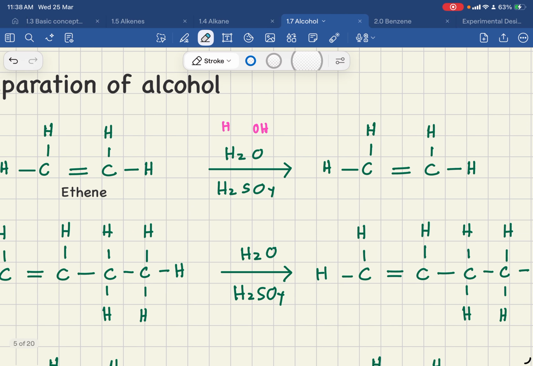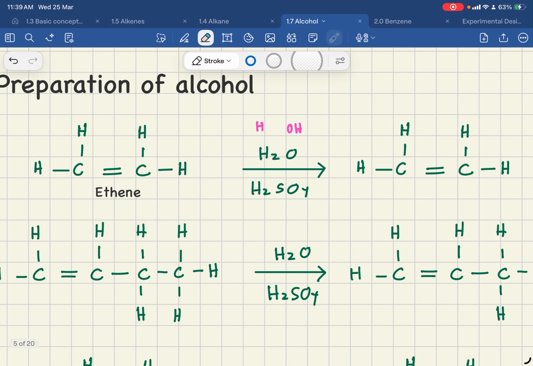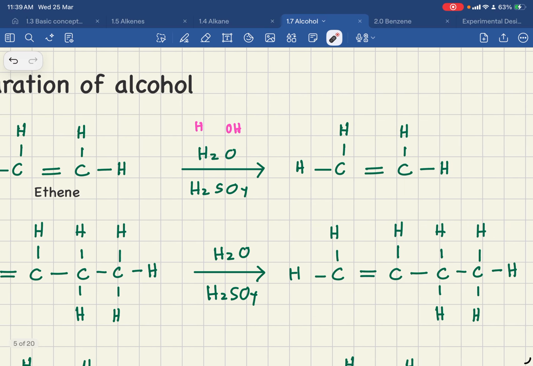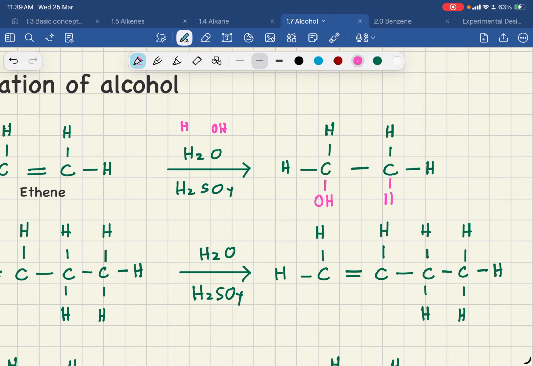We have ethene as our first example. We react it with water in sulfuric acid. The pi bond will break and form a carbocation. So we add OH and H here.